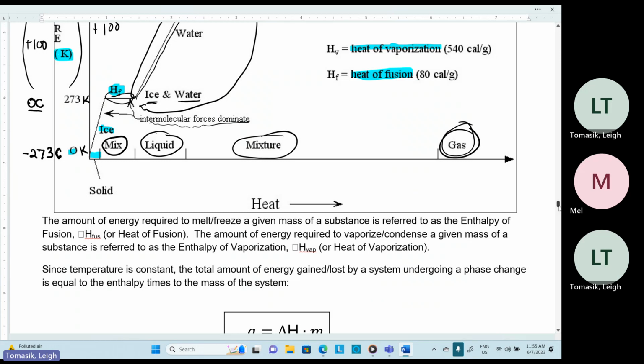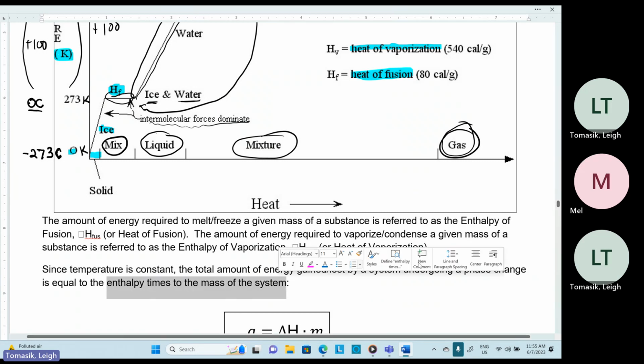Okay, so these amounts are the same whether you're melting or freezing something. It's just the sign on them, whether the heat is absorbed or released, that will change. So since the temperature is constant, the amount of energy gained or lost by a system undergoing a phase change is equal to the enthalpy times the mass of the system.